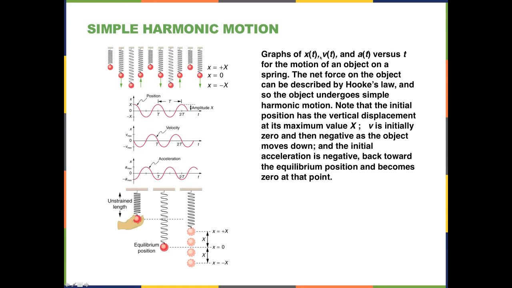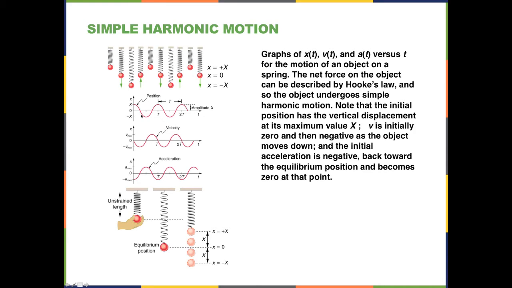So here we can graph 3 different graphs. We can graph the position of the ball. Here's the oscillator, here are the graphs that are being drawn, and we can graph the position at any time point. We can graph the velocity at any time point, and we can graph the acceleration at any time point.